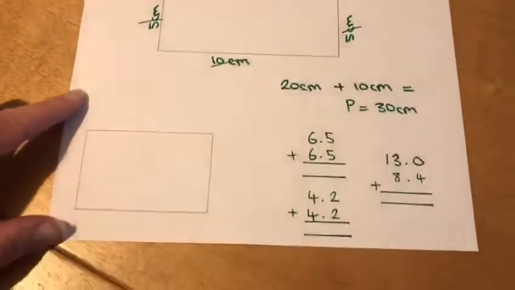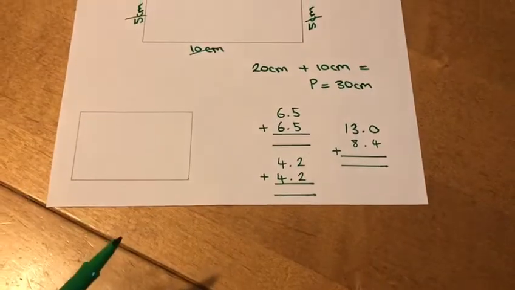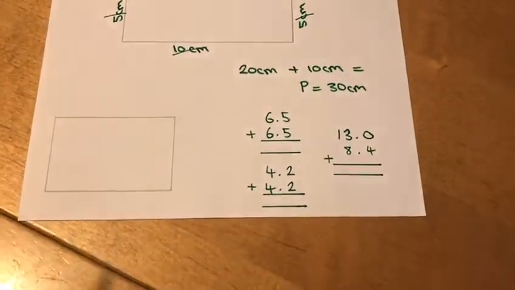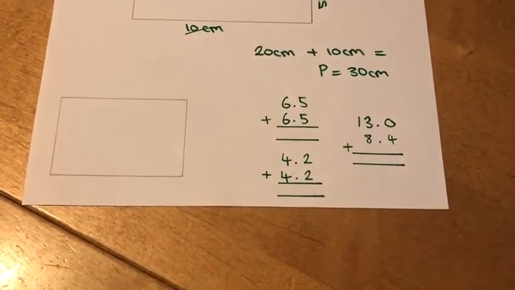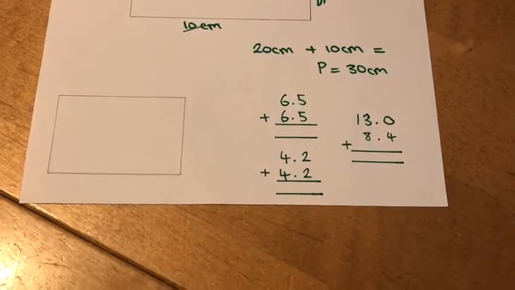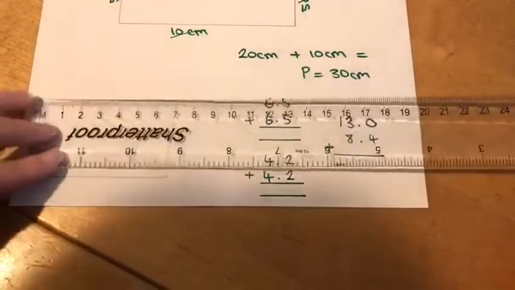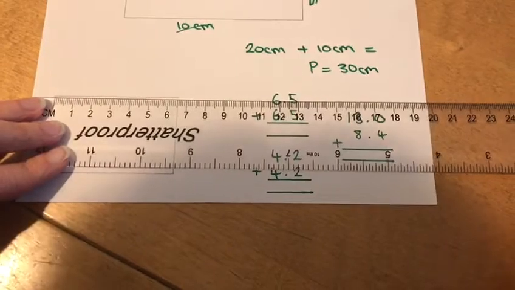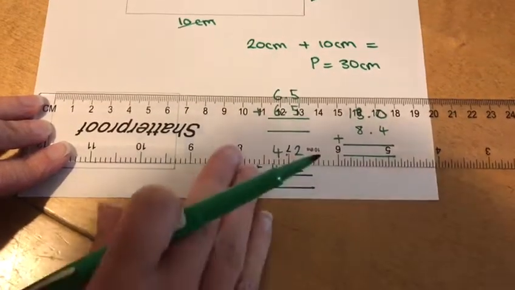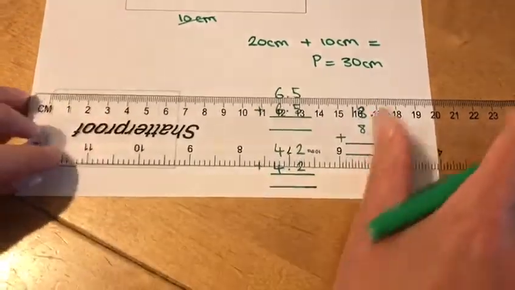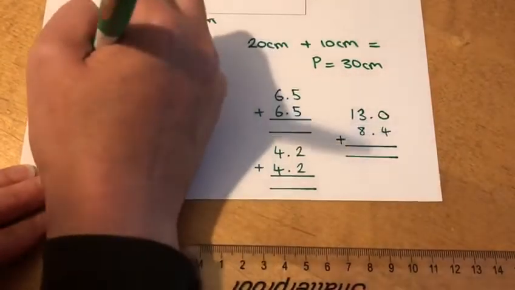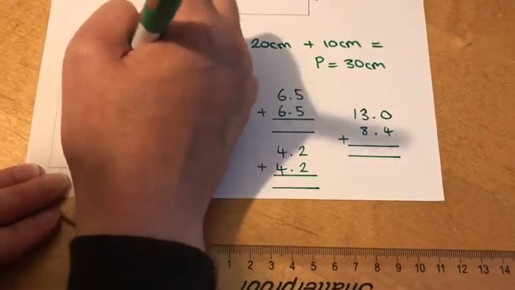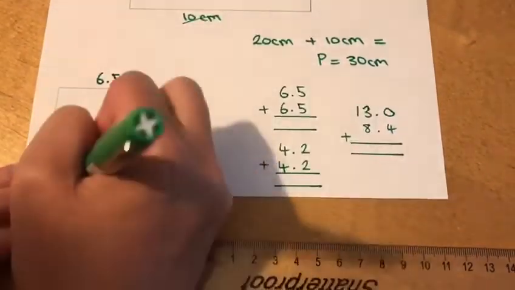Moving down to this next shape, this one's a little bit more tricky because we have got some millimetres in the measurements as well. So going for the top side, you can see on your ruler, it is 6.5 centimetres, that top line. So that would be 6 centimetres and 5 millimetres.